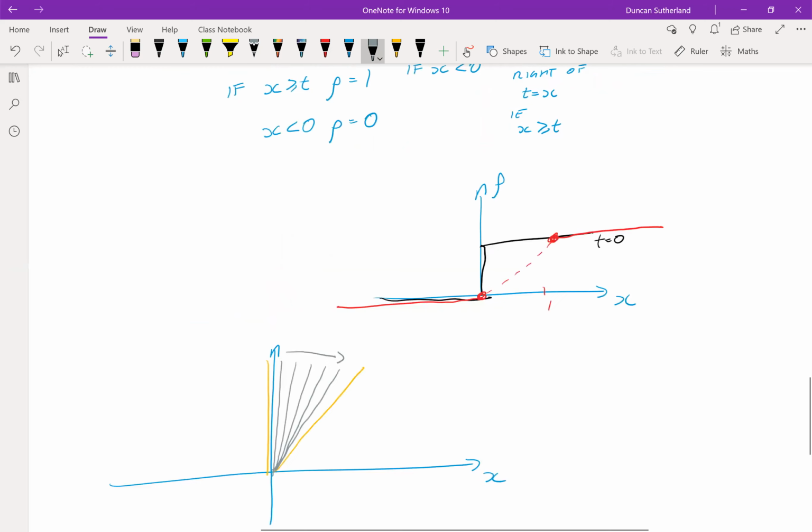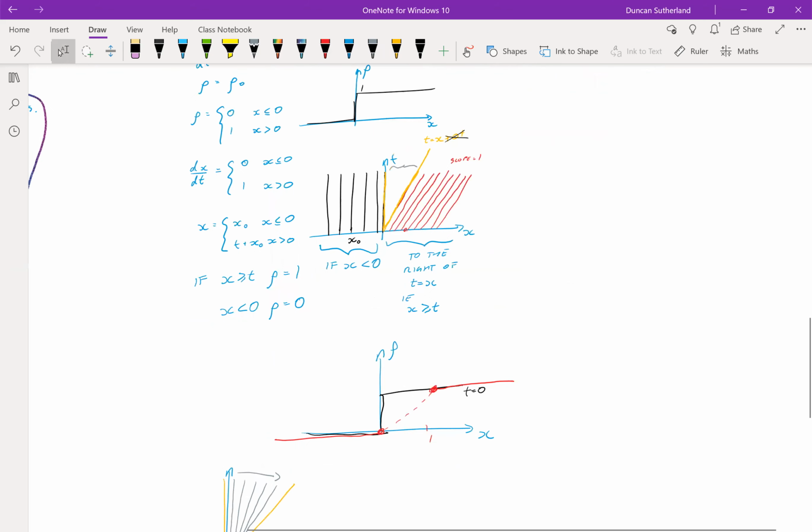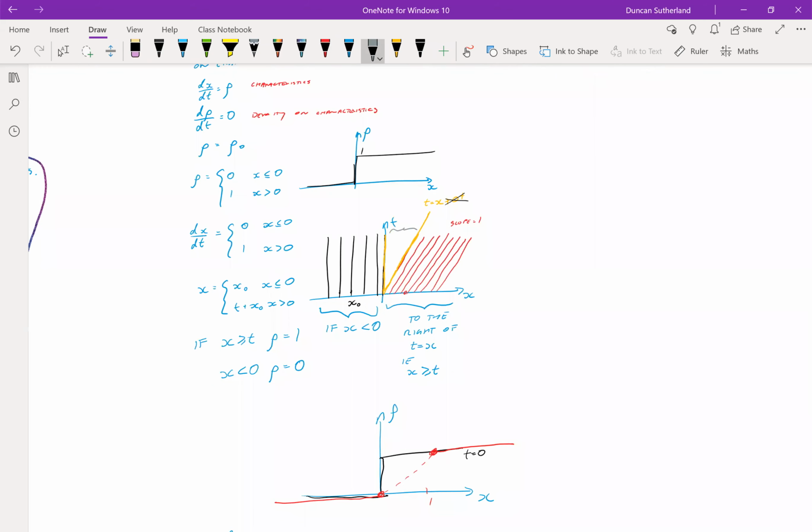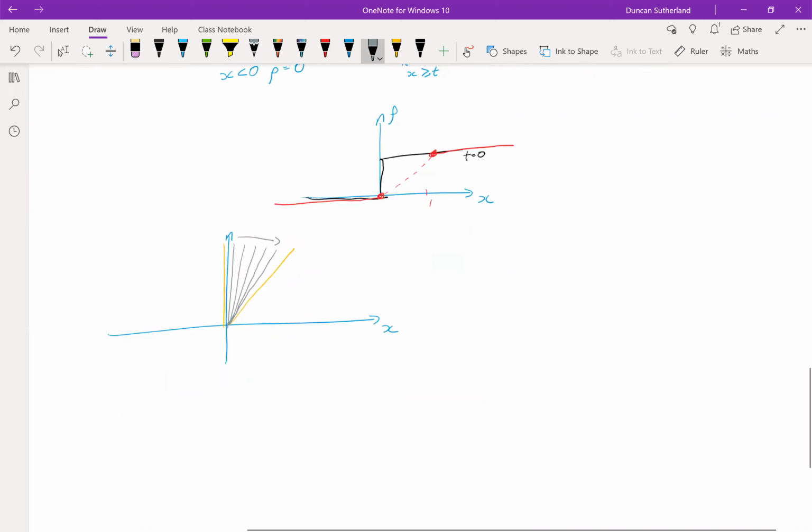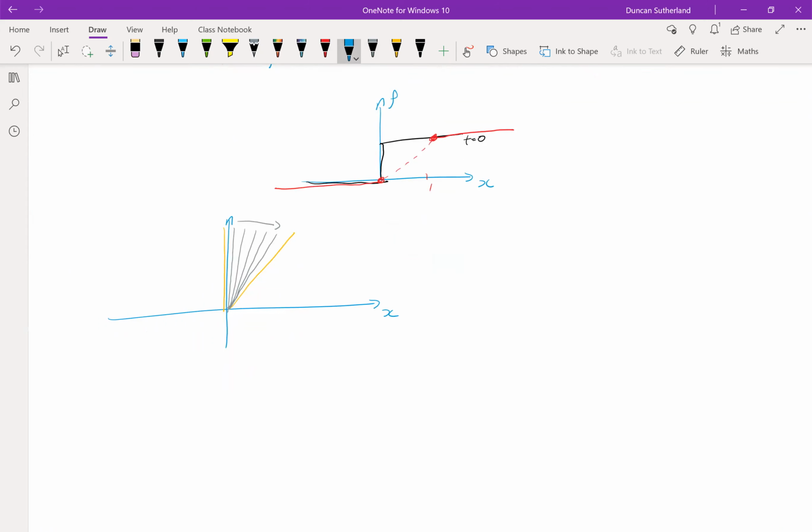Now, if you actually go and look at your characteristic equation, recall the total derivative, dx/dt equals rho naught, right? Because it's the initial density.